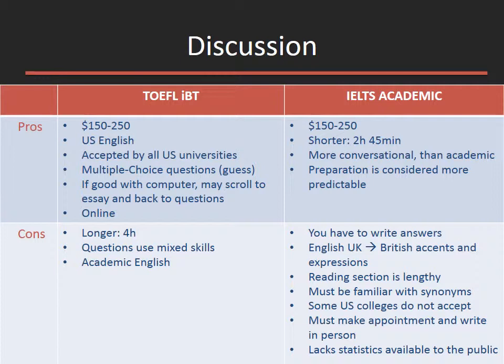The cons include you have to physically write out your answers by hand, not by the use of computer. It tests in UK English, and British accents and expressions do come into play. The reading section is lengthy. You must be familiar with synonyms, and some US colleges do not accept this test. You also must make the appointment and write it in person, and based on our findings, it lacks statistics available to the public.